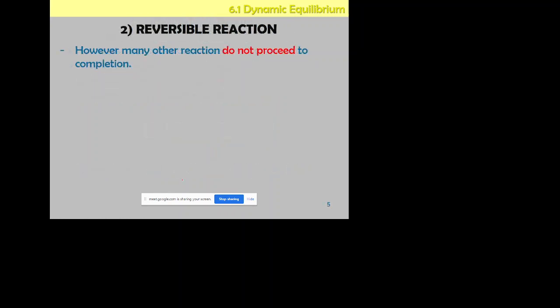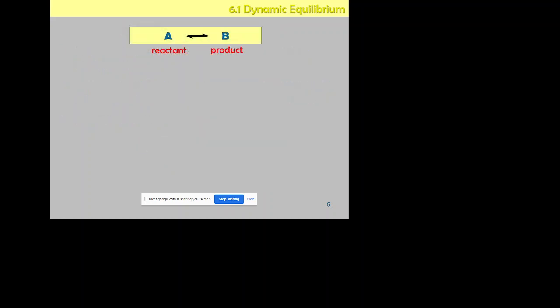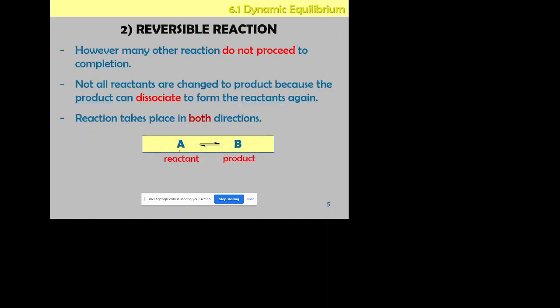Okay. But now, they found out some of the reaction not only go forward, but also can go backward. Okay, so it means that contohlah A, okay, kita panaskan dia ke apa, it become B, and B also can, kalau kita tinggalkan, it will turn back into A. Okay, this is a very simple explanation of reversible reaction.